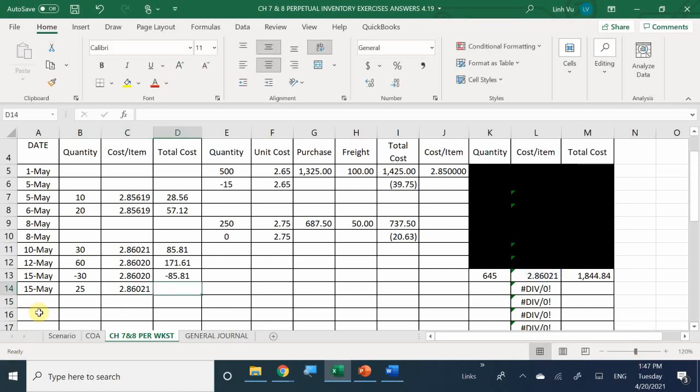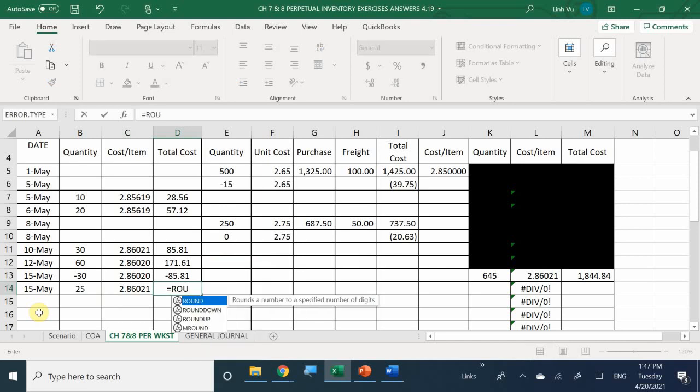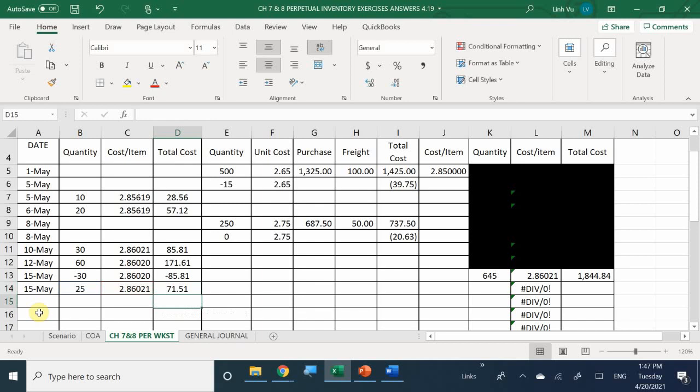So then, what is my total cost of goods sold? $71.51. Perfect.